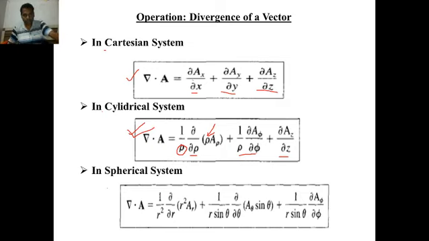Similarly, what are the three differential lengths in spherical system? dr, r sin theta... okay, not r sin theta. Which are the three differential lengths in spherical system, if you can recall back?